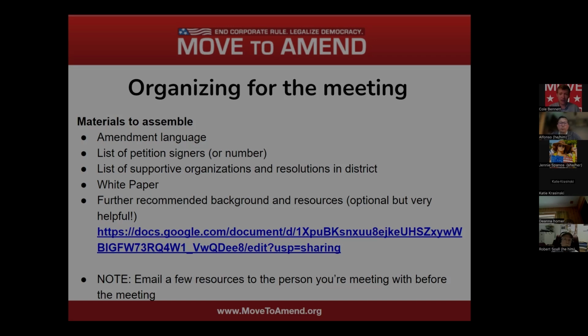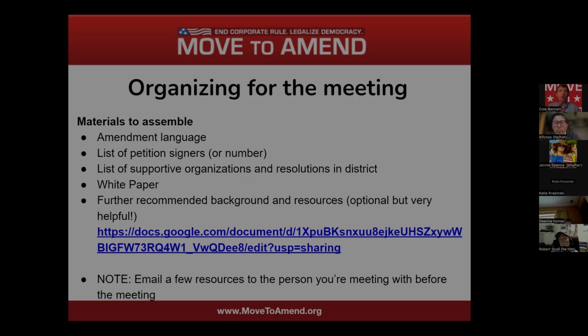Resolutions are a great way to show that this policy is important in your district. A white paper that is just a document that explains the provisions and why we need them. And then again, if you want any more background and resources, you can follow this link.